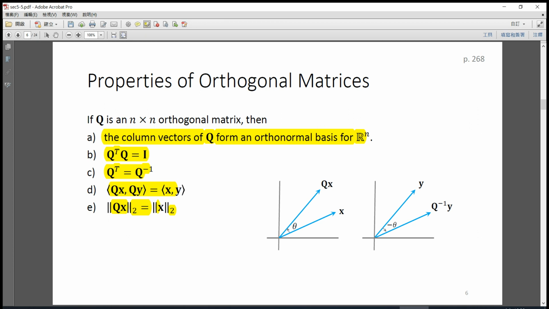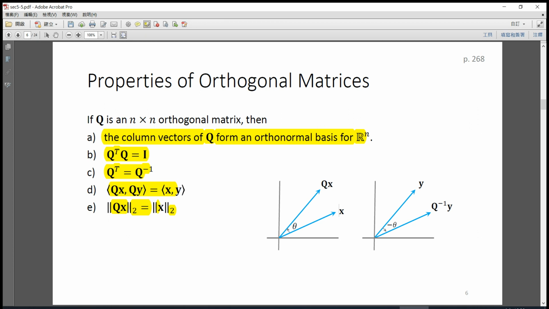The geometric meaning of orthogonal matrices is rotation. The rotation operation only changes the direction of the input vector, but the length of the input vector is unchanged. For example, let's see the right hand side figure.